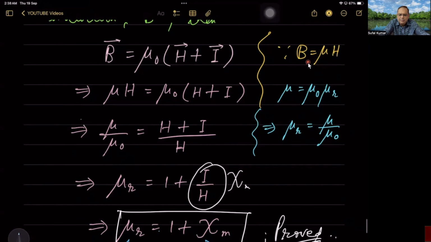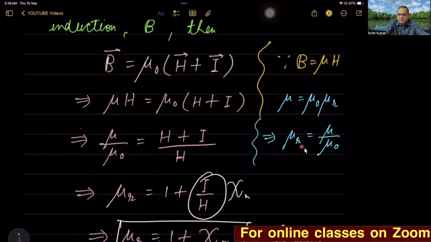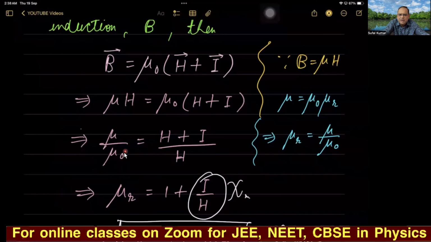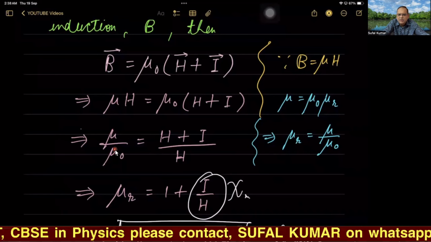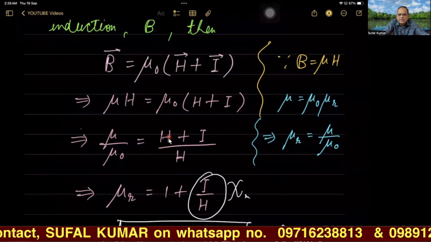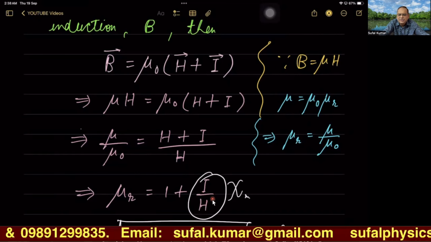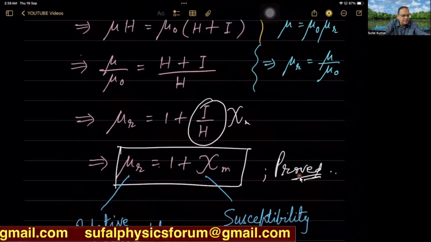Again, while proving, B is equal to mu H and mu is equal to mu naught into mu R, so mu R is mu by mu naught, and this we have utilized from here to here, and this is H upon H, 1, and I by H, chi m. So hence the relation is done.